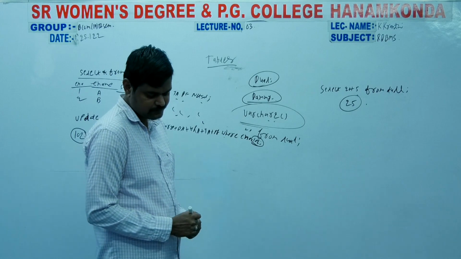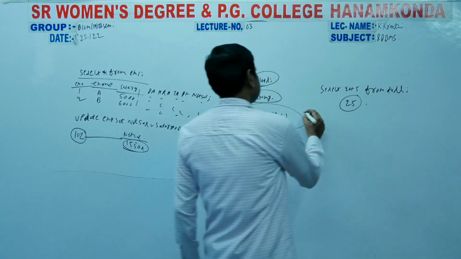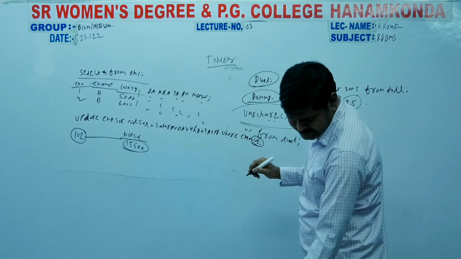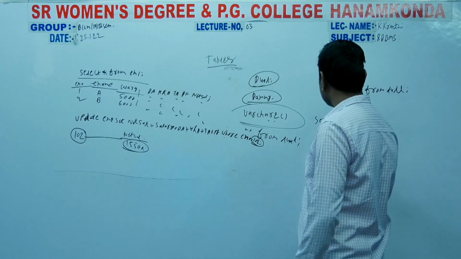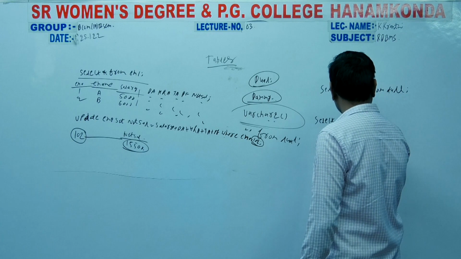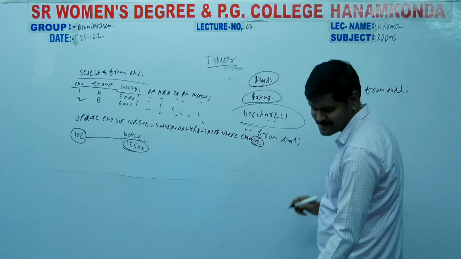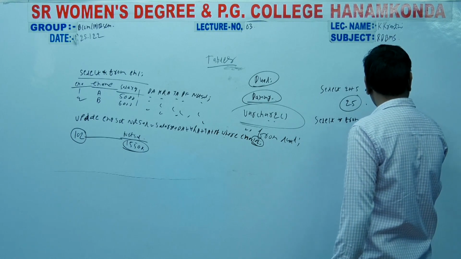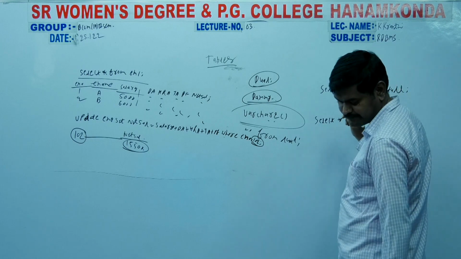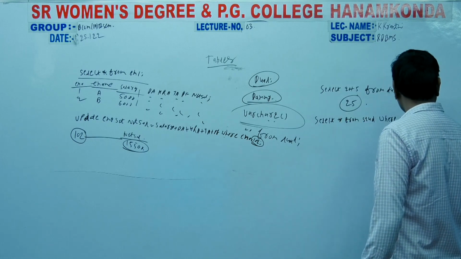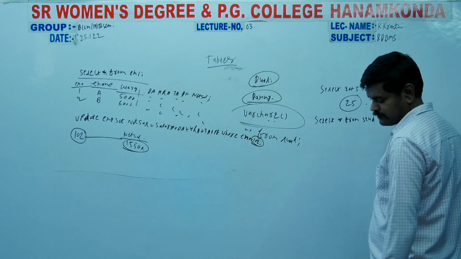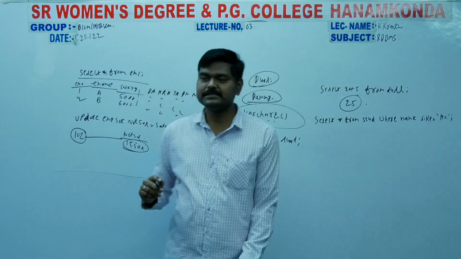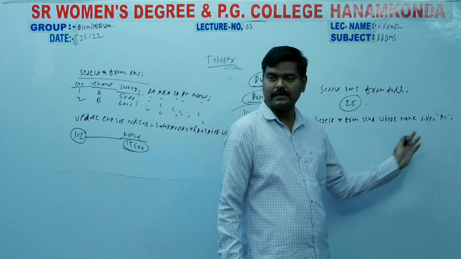For that, I write the command like this: SELECT * FROM student WHERE name LIKE 'A%'. So the names starting with A only are displayed.